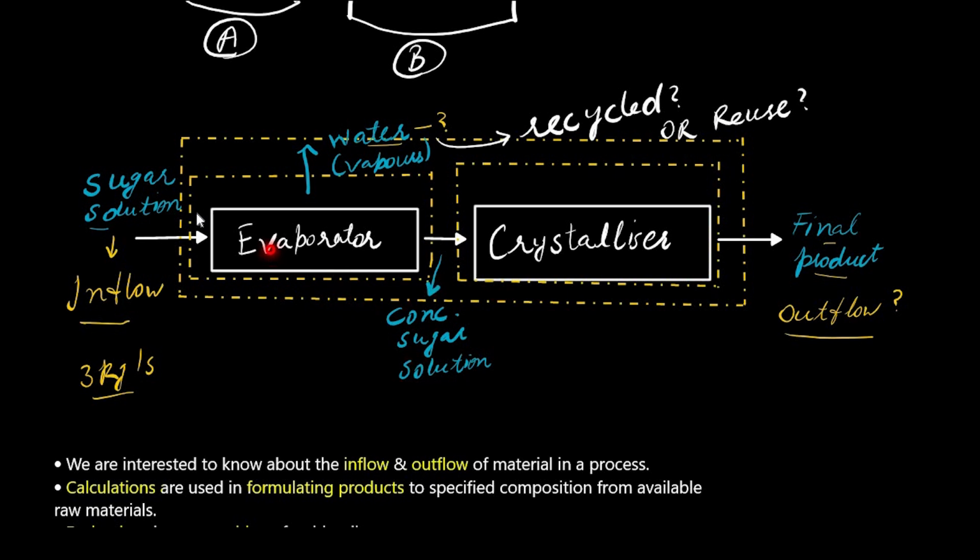So I will have to draw a system boundary around that evaporator and then calculate the different components flowing in and the components flowing out for a specific given component. The same thing can be done for the crystallizer as well. So these are the two components, and this whole block diagram is the block diagram for total mass balance.